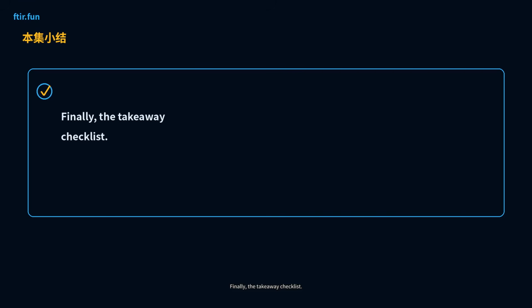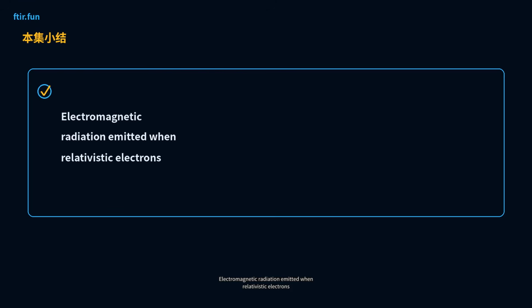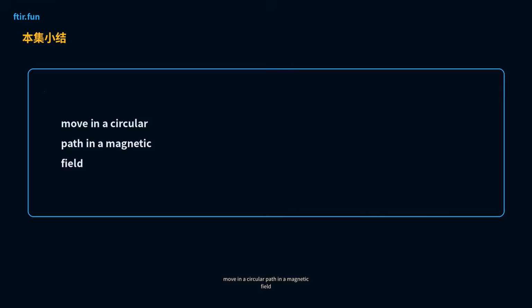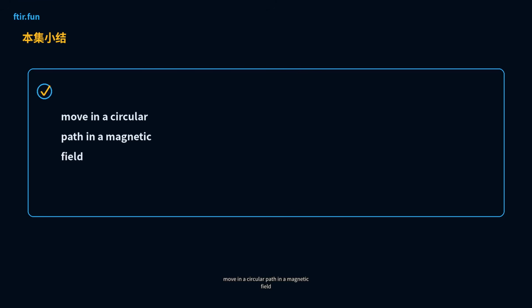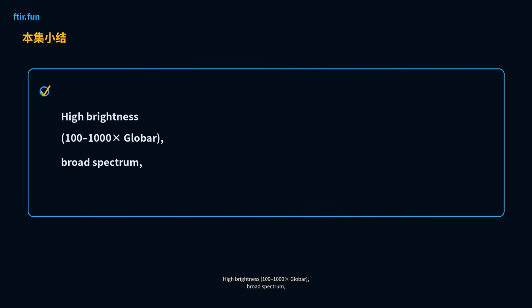Finally, the drill checklist. Make sure you can recall each item. Core knowledge points. Definition of synchrotron radiation: electromagnetic radiation emitted when relativistic electrons move in a circular path in a magnetic field. Four main characteristics of synchrotron infrared. High brightness, 1,000 times Globar, broad spectrum.